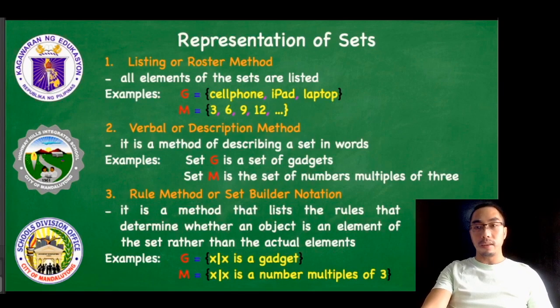So again, the first example, we read it as set G is x such that x is a gadget. Now, the second example is set M equals {x | x is a number multiple of 3}. So the third representation of set is a bit difficult, but we always use the first or the second representation because they are easier than the third one.